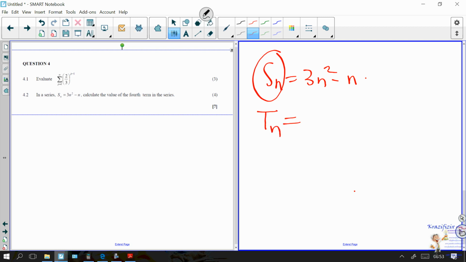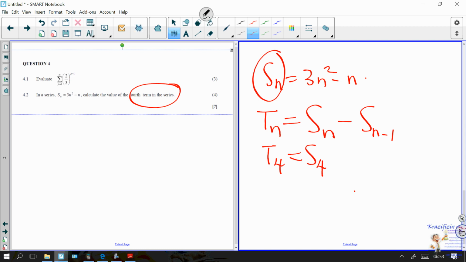Tn is equal to Sn minus Sn minus 1. I need you to master that. So I'm looking for the fourth term. You know what it means? T4 is equal to S4, the sum of the first 4 terms, minus the sum of the first 3 terms.